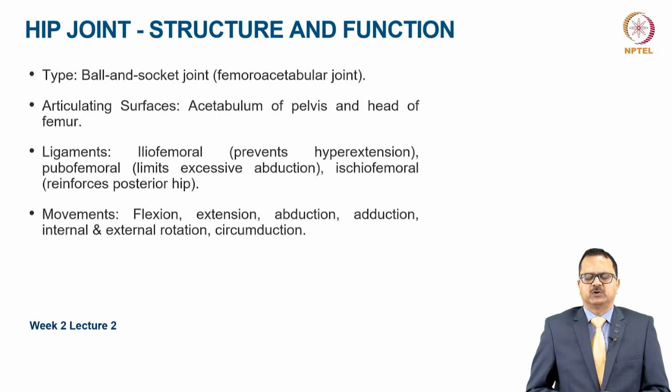The ligaments which protect the hip joint are iliofemoral, which prevents hyperextension, the pubofemoral, which limits excessive abduction, and the ischiofemoral, which reinforces the posterior hip. The ligaments surrounding the hip joint are amongst the strongest ligaments of the body. The movements are flexion, extension, abduction, adduction, internal and external rotation, and circumduction.